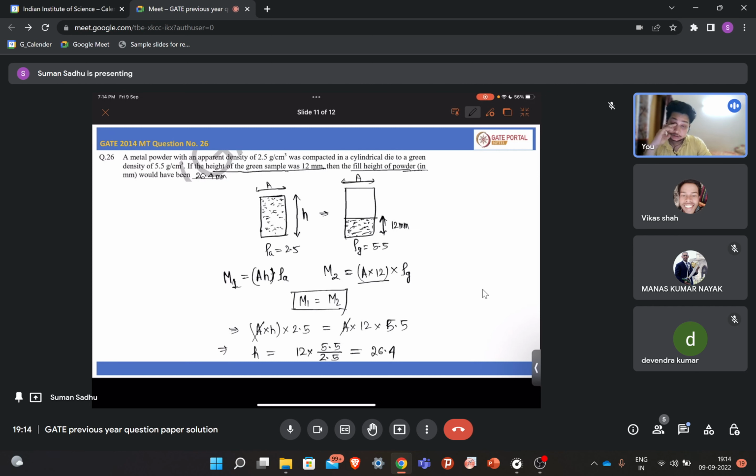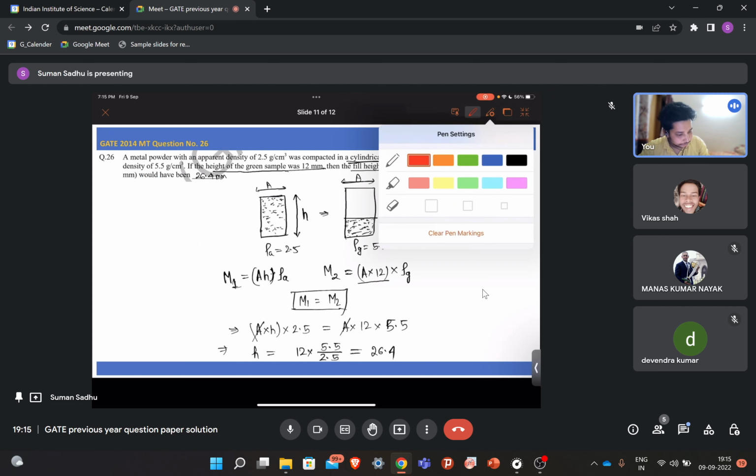Why would the area reduce? You can see in the question that you are compacting in a cylindrical die. So this is a die, a cylindrical die you have. Now we have filled your powder here, up to this line initially. After some time you are pressing this powder with a piston.